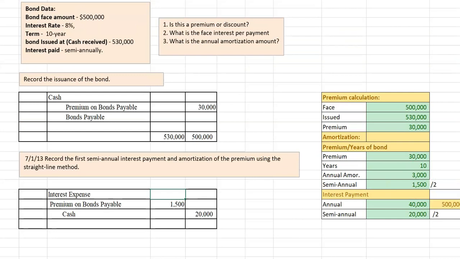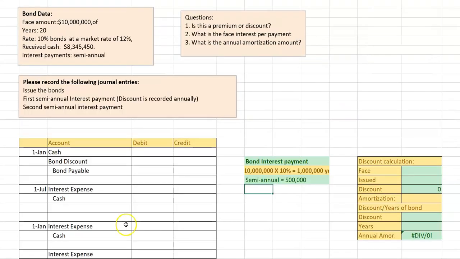Now, discount is just the reverse of that. Again, you're going to take your information and put it down here. So it's 10 million, and they gave us 8,345,450.